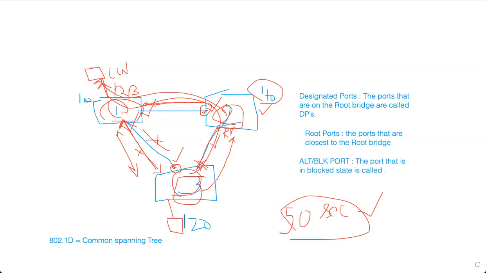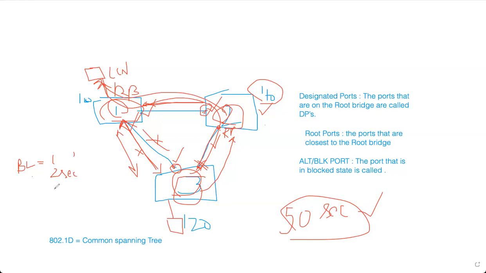So, for example, the blocking state does not take any time because it's already down. Next, the second state, the disabled state is already down. No timer. The blocking state takes roughly 2 seconds to put the port in the blocking state.